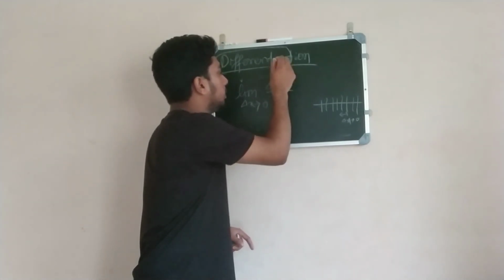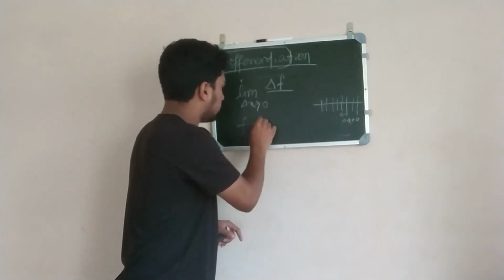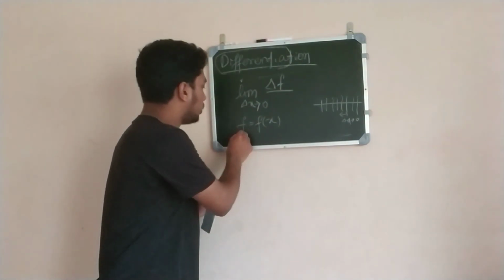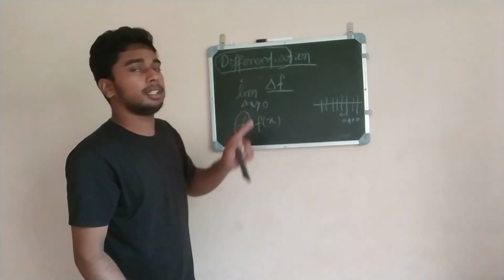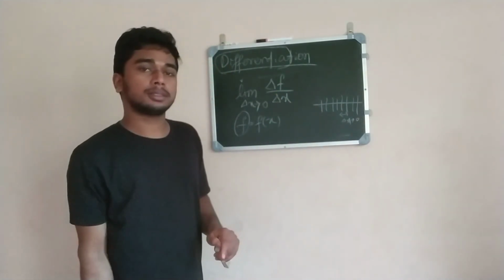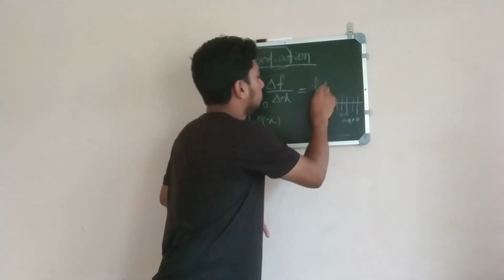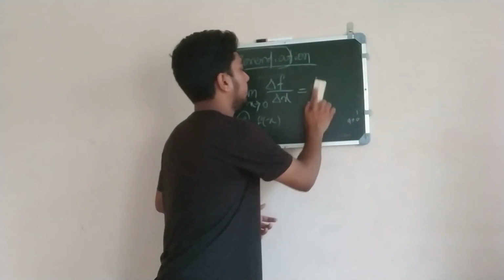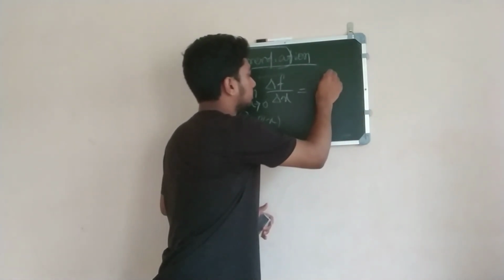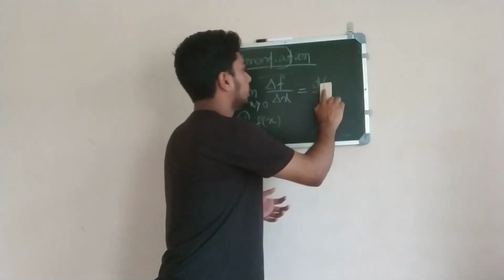There is a function, f is equal to f(x). So a small change in the function is del f, and this is del x. So this is written as df by dx.